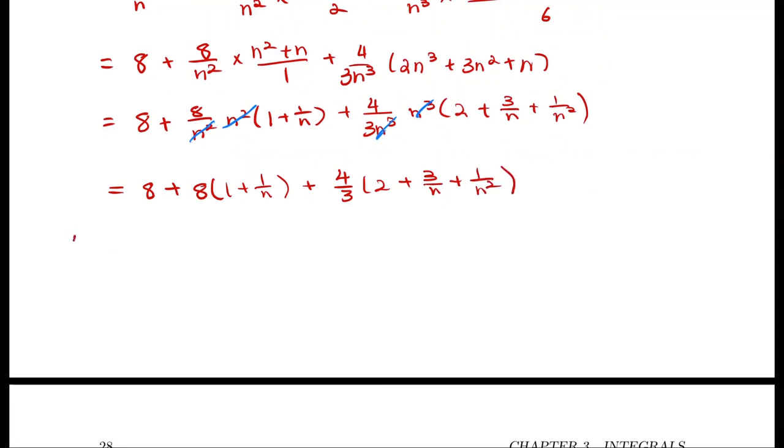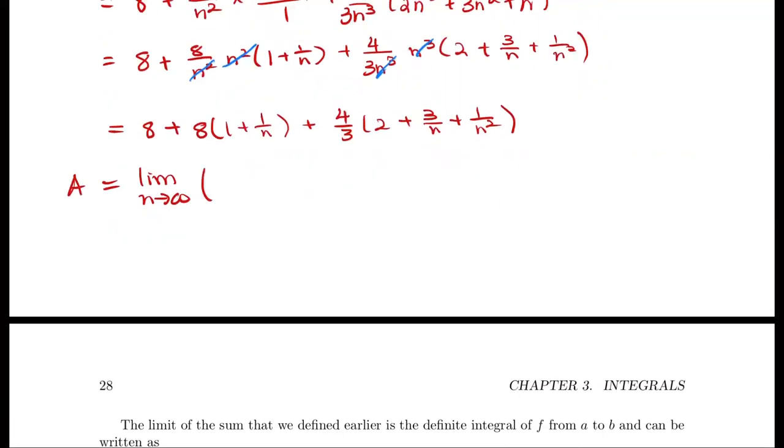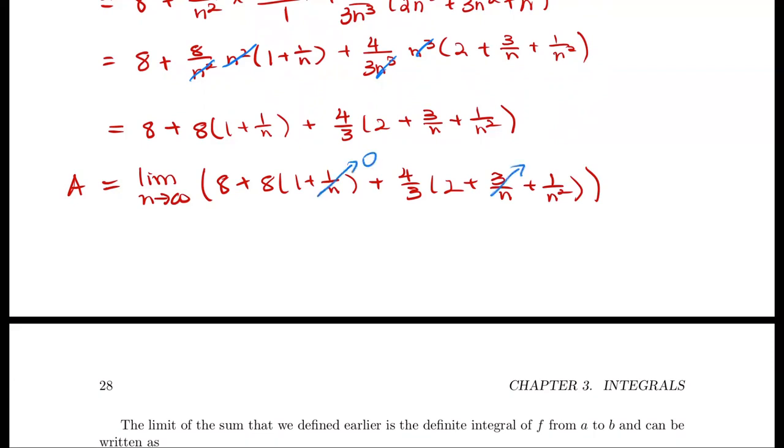So now if I take the limit as n approaches infinity, so we get an exact value, we get 8 times 1 plus 1 over n, 4 over 3 times 2 plus 3 over n plus 1 divided by n squared. So we see that any of the terms with n in the denominator will just go to 0. So this is going to go to 0. This is going to go to 0. This is also going to go to 0.